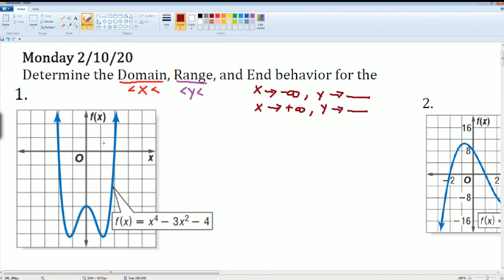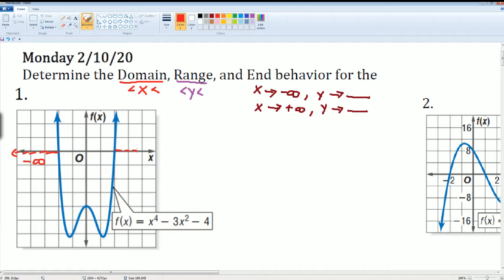Okay, so let's take a look at number one. All right, let's look at the domain. Let's look at the x's. The x is going this way. Doesn't stop. Do you see how it keeps going forever? Goes towards negative infinity. And what about here?